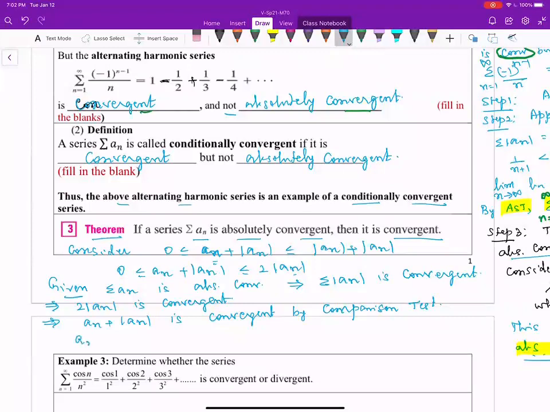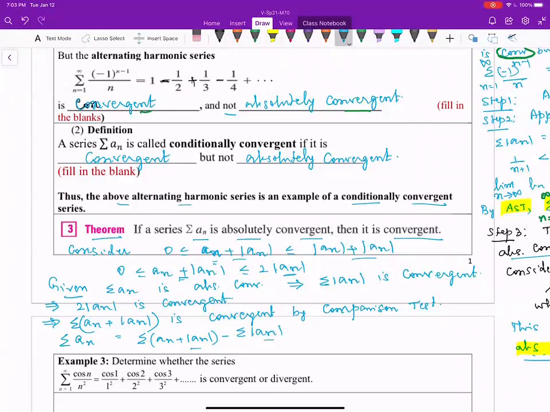Here we are taking the nth term of the comparing series and the nth term of the given series. So we can write sigma a_n equal to sigma (a_n plus absolute a_n) minus sigma absolute a_n. It's just adding and subtracting sigma absolute a_n.